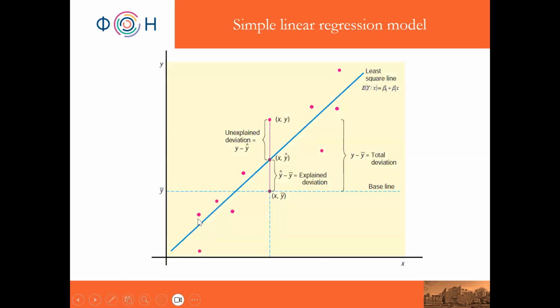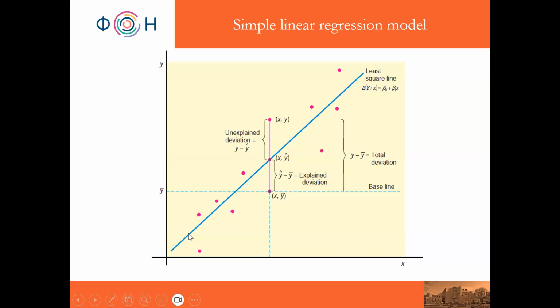For example, each of these dots is a combination of the data which we have measured on our sample. This pink dot here, for example, is a point with coordinates x and y. Those are the data from our sample. What do we want to do?